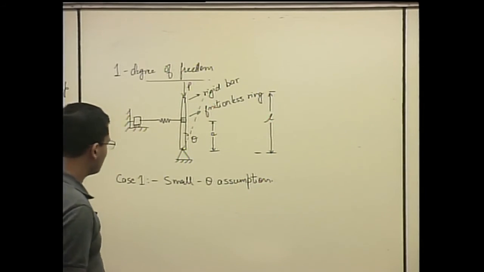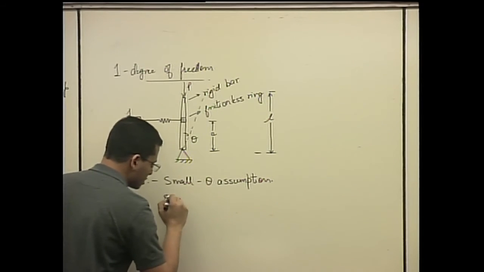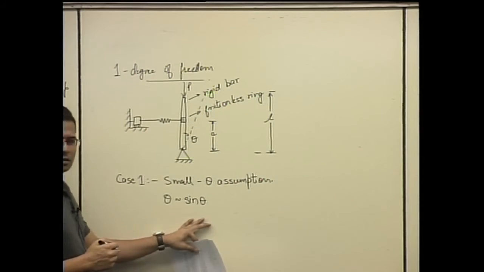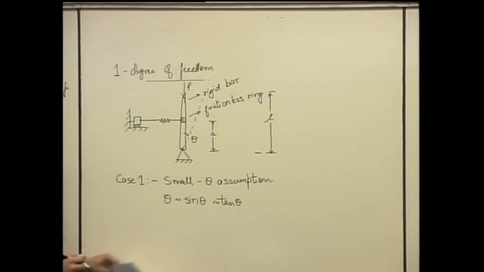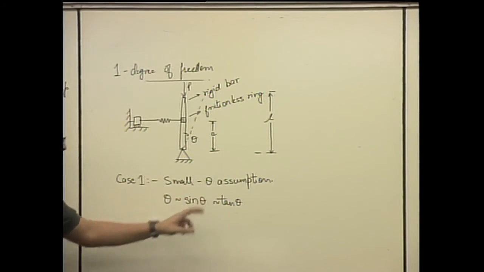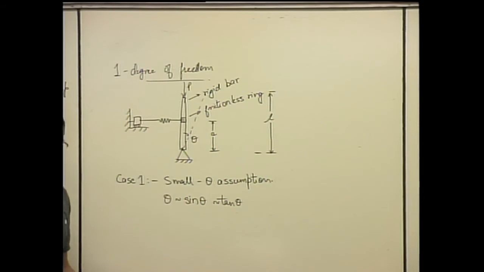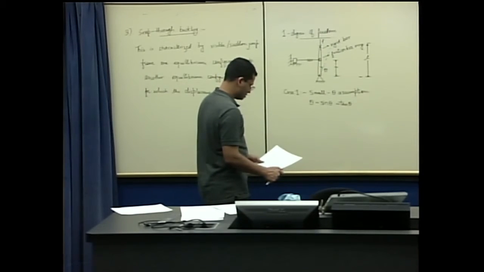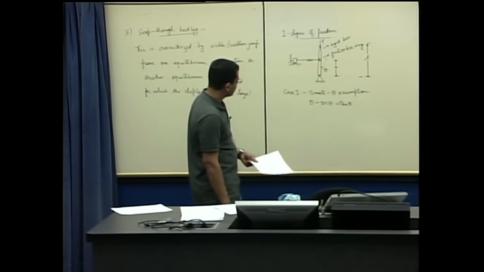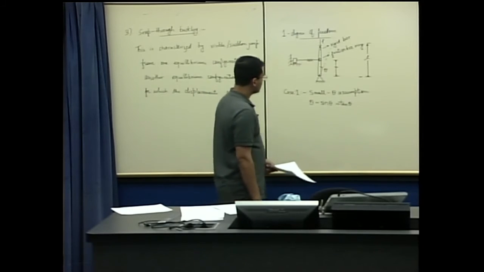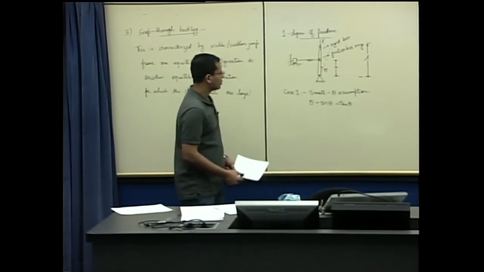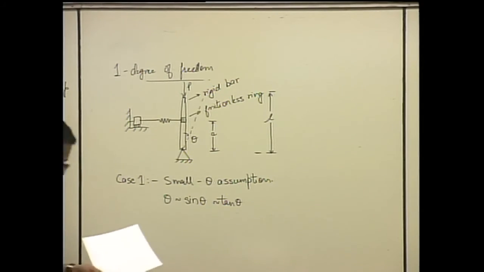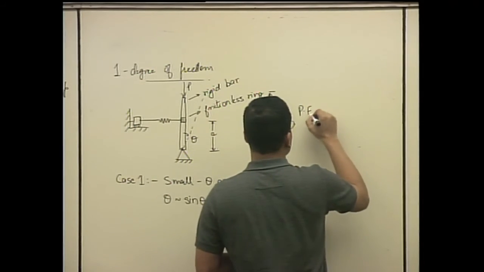So when we make this assumption, what are the benefits? Theta is almost the same as sine theta and tan theta, right? If you make a small angle assumption, sine theta is close to theta, and same for tangent of theta. Okay, so now what is the potential energy of the spring?